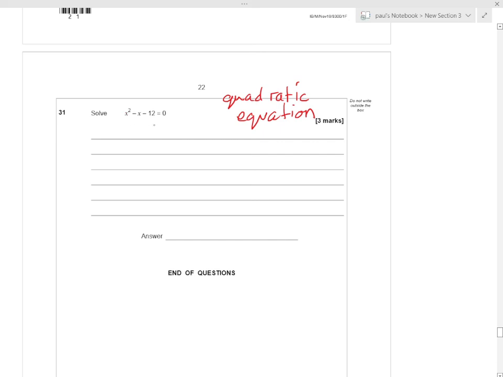Now what we have to do is find two numbers that multiply to make 12 and have a difference of -1, because it's 1, that's -1x.